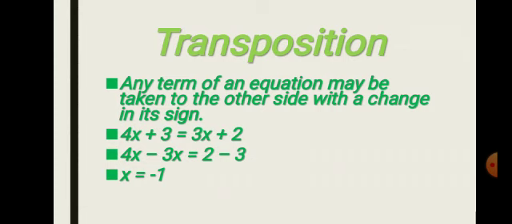In this, the LHS is 4x plus 3 and the RHS is 3x plus 4. On both sides we have a variable expression. So we write variables on one side and constants on the other. I will write 4x and 3x on the left hand side and constant terms on the right hand side.